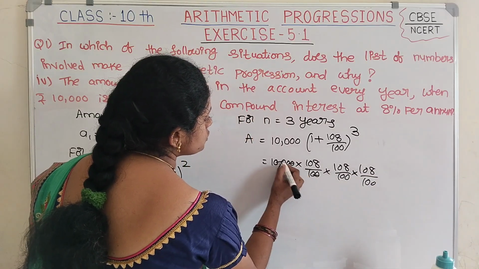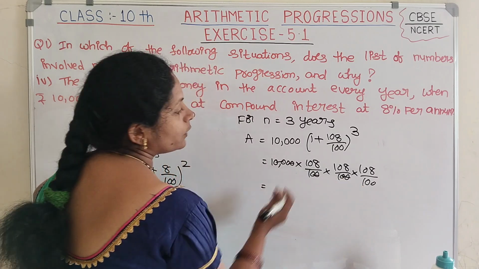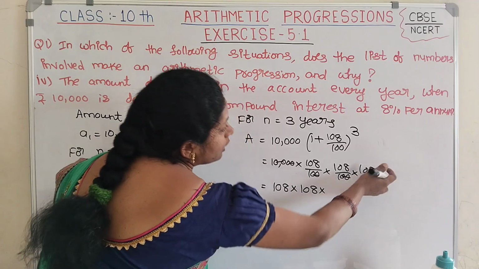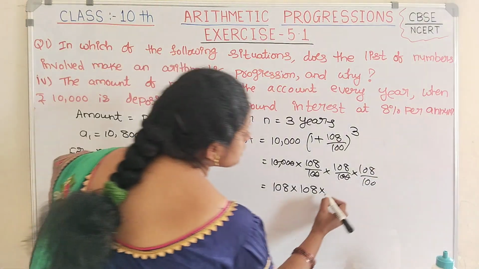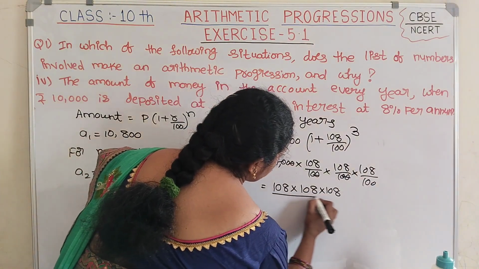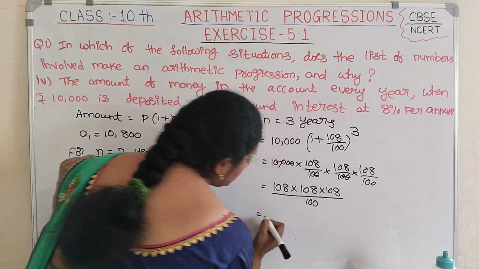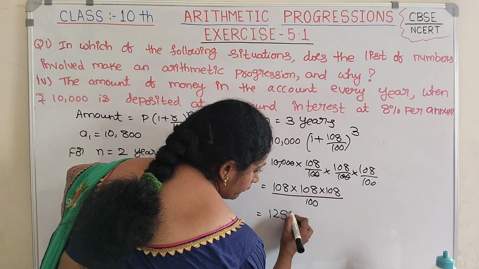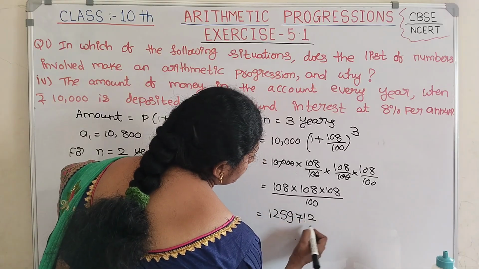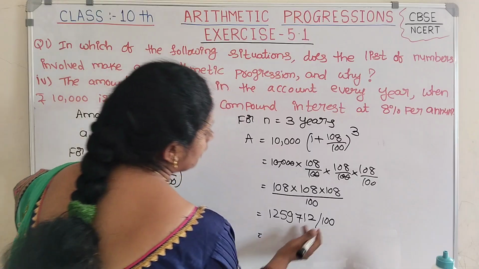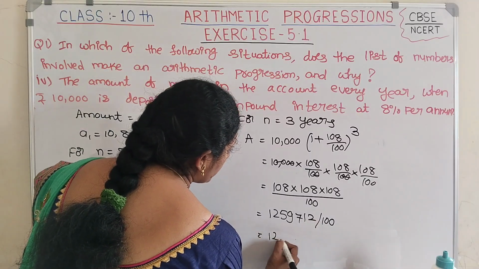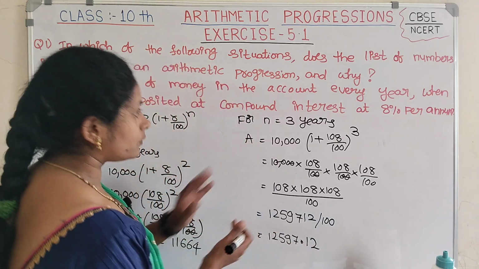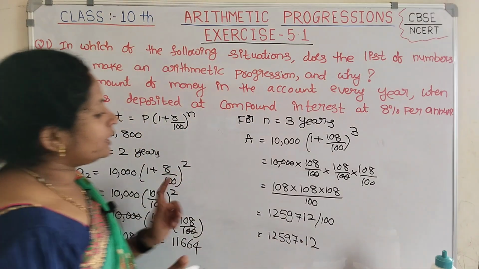The zeros will get cancelled. Remaining is 108 into 108 into 108 divided by 100. The multiplication of this is 1259712 divided by 100. After 2 points we can put the decimal: 12597.12. We calculated A1, A2 and A3.